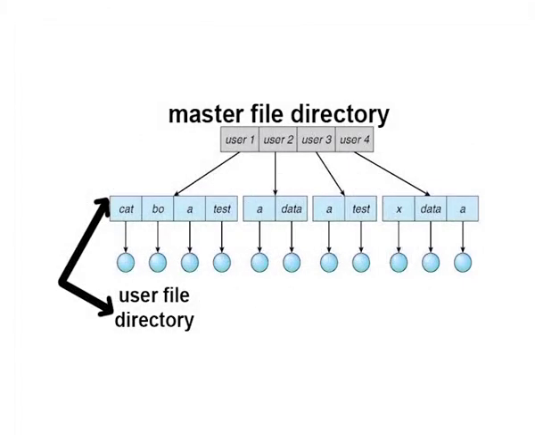When a user job starts or a user logs in, the system's master file directory, called MFD, is searched. The MFD is indexed by username or user ID, and each entry points to the UFD for that user, as shown in the figure. When a user refers to a particular file, only his own UFD is searched to perform different file operations like create a file, delete a file, etc.